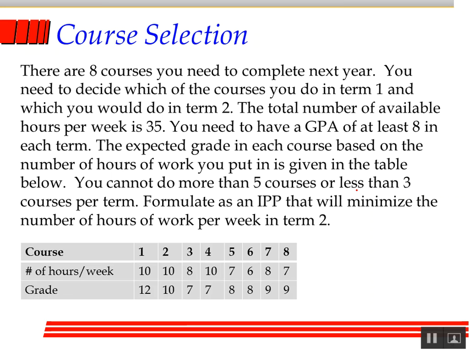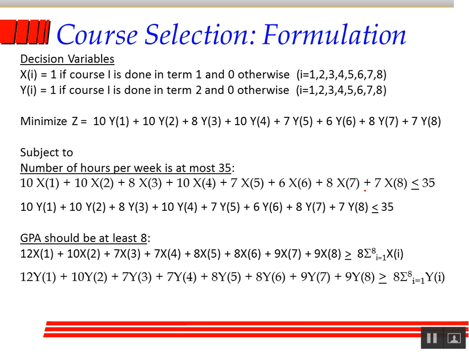So in this example, to take a course or not is binary, right? So this is a binary situation. So we can define xi as this: if course i is done in term 1, xi is 1; if it's not done in term 1, then it's 0.